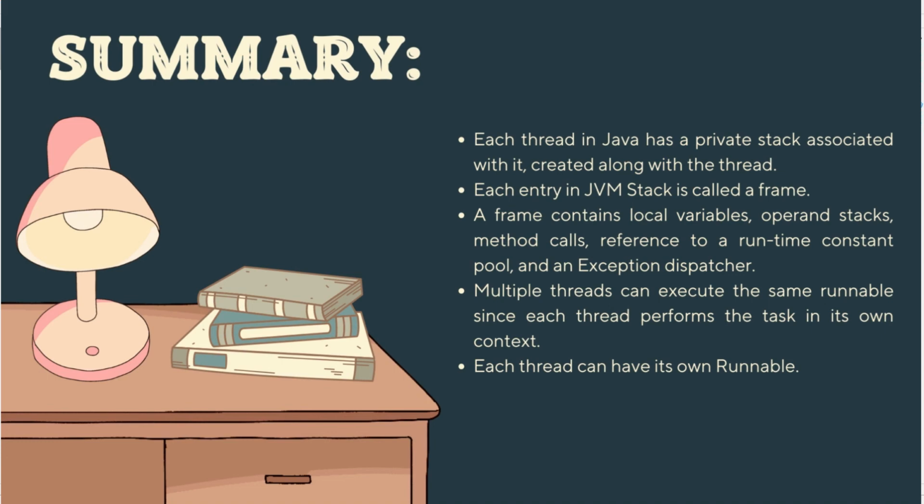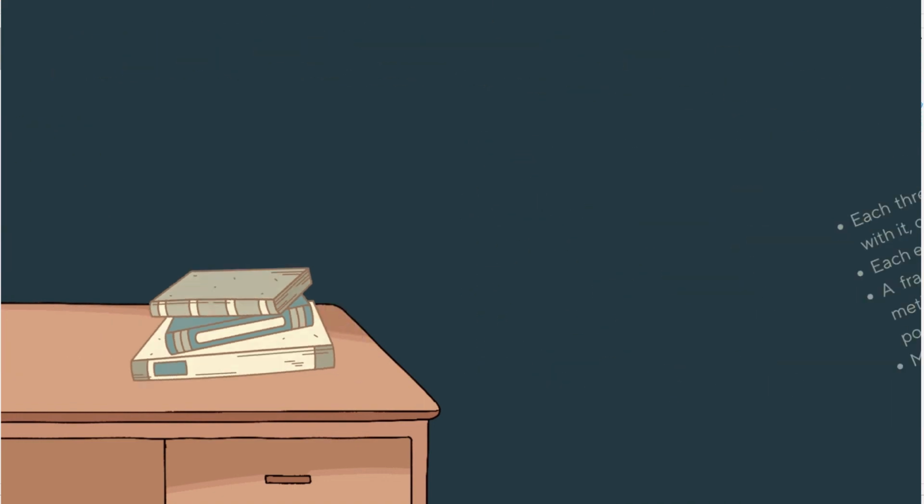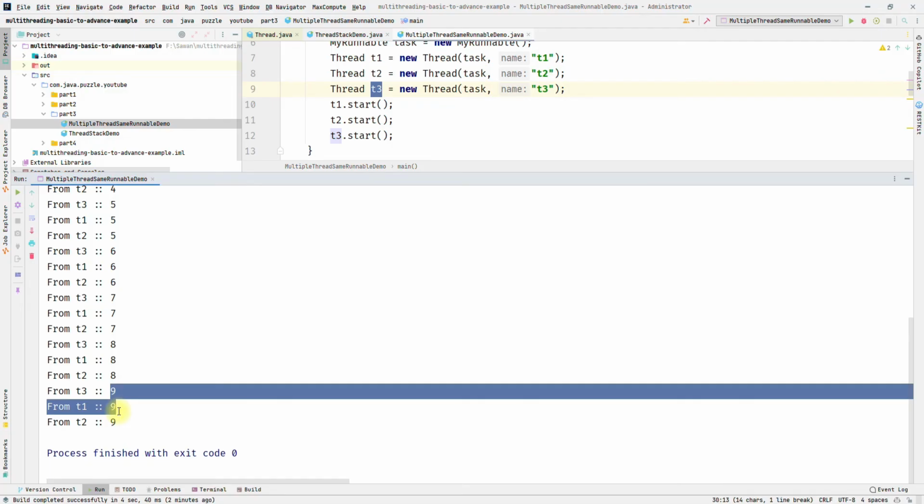A frame contains local variables, operand stack, method call, a reference to the runtime constant pool, and the exception dispatcher. Multiple threads can execute the same runnable since each thread performs the task in its own context. Each thread can have its own runnable. So that's it for this part of our multi-threading series.